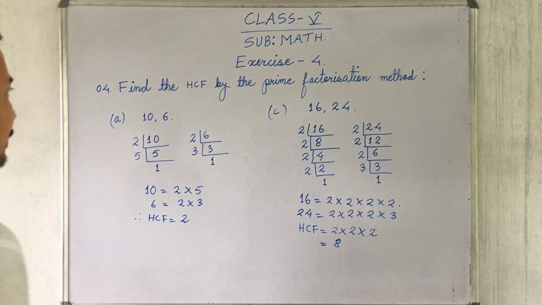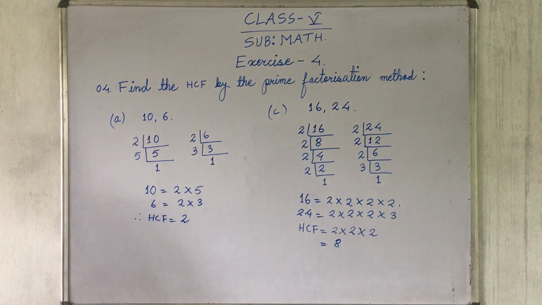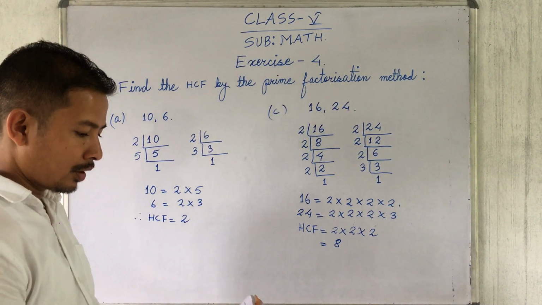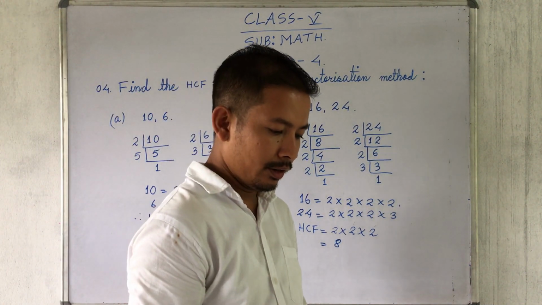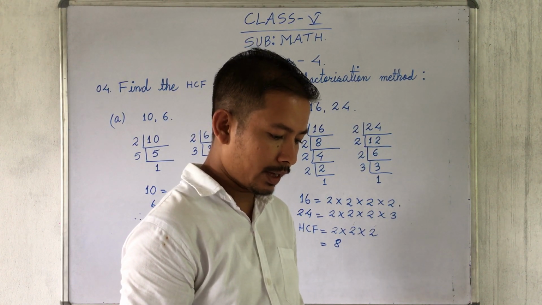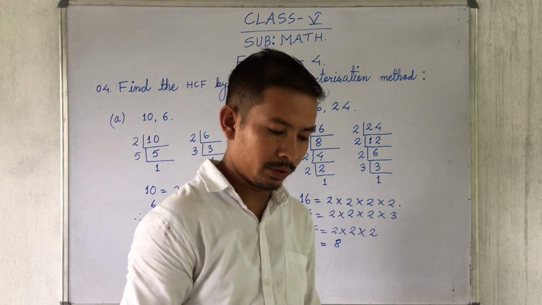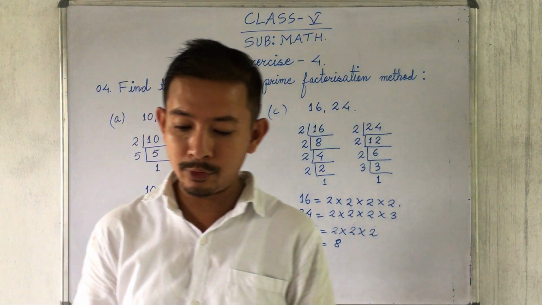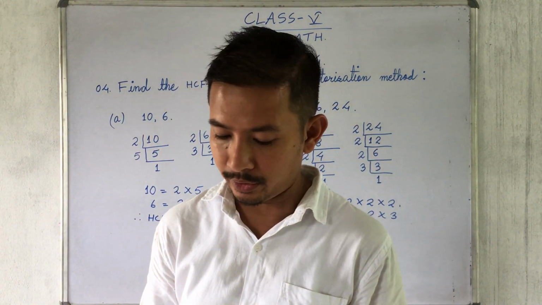Okay, A and C I have done, and there are many questions in this exercise. There are 8 questions here, and from the 8 questions I am doing question number F also, which is 20 and 48. As you know, first of all we have to find out the factors of 20 and 48 here.